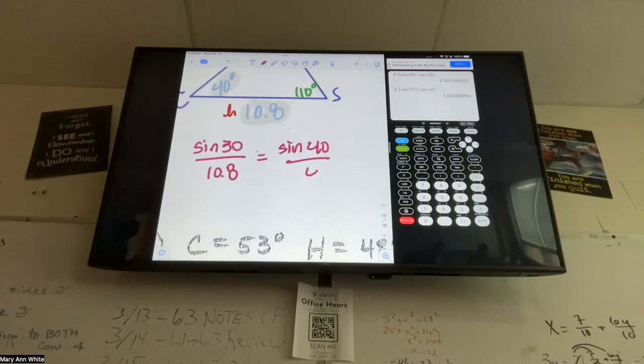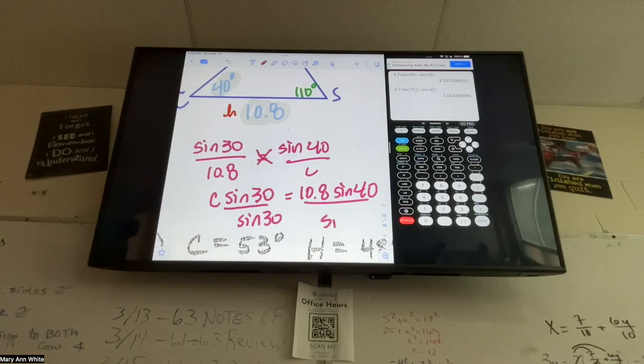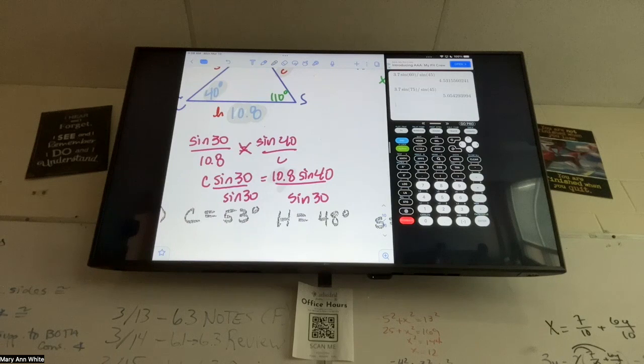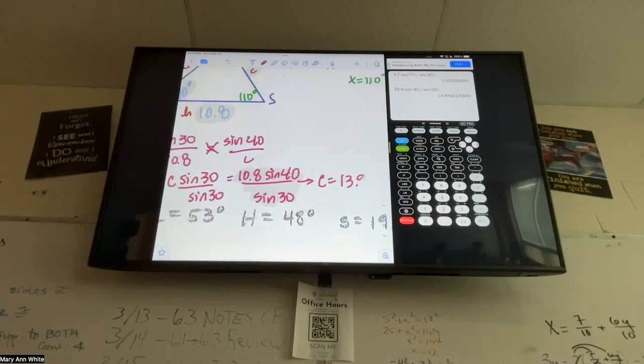Cross multiply and solve. 10.8 times sine of 40 divided by sine of 30. And I get 13 point.